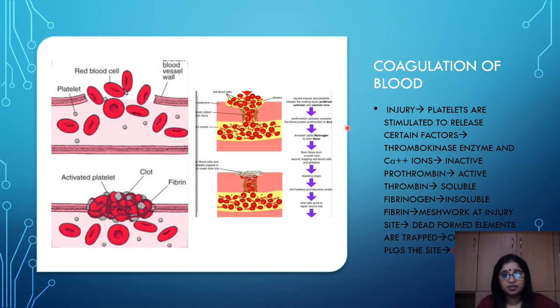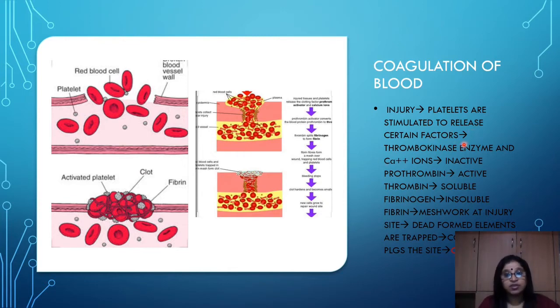So how do the platelets help in this function? Whenever there is an injury at the site, there will be a break in the continuity of the blood vessel, as you can see here. Because of this injury, blood starts flowing out from here. Now immediately when there is a break in the continuity of the blood vessel, the platelets are stimulated to release certain factors which we call the clotting factors.